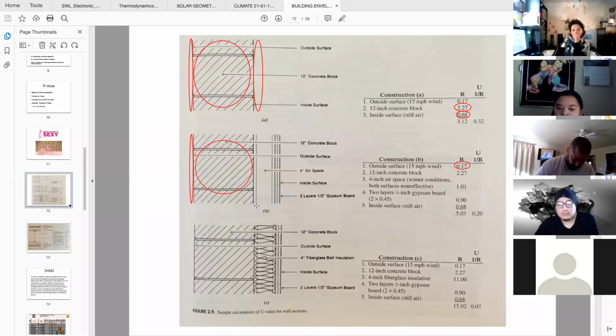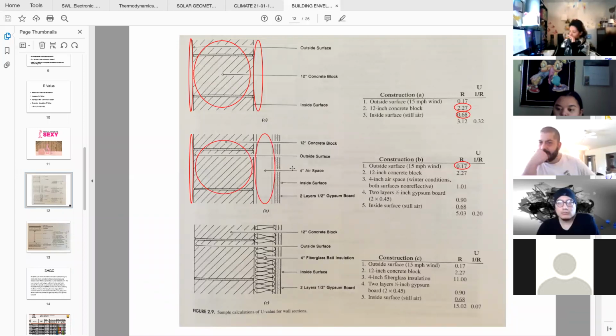Then here, what is this? Airspace. I'm going to assume this is the stud wall here, and it looks like it's drawn more like a metal stud, but this is a 4-inch airspace.